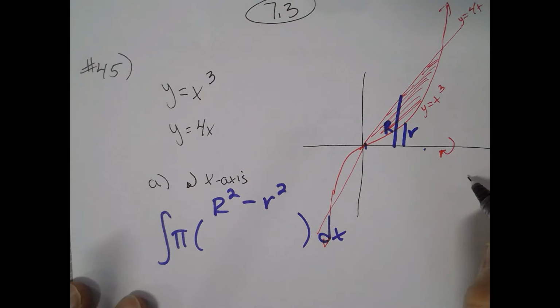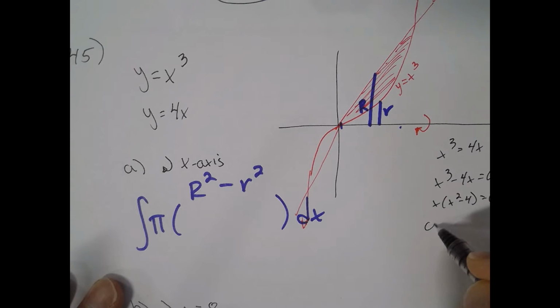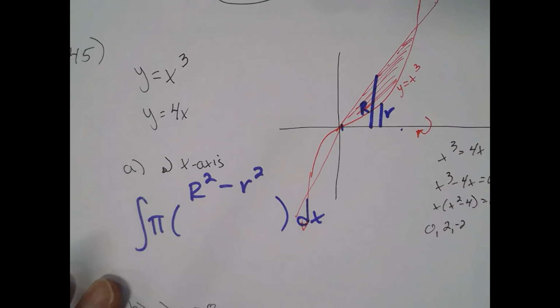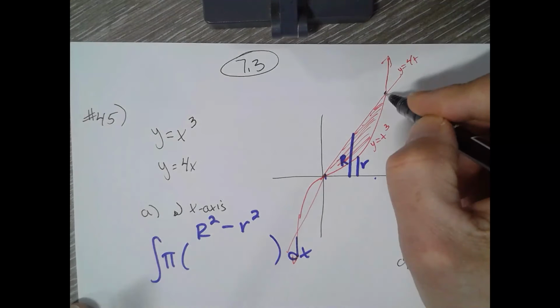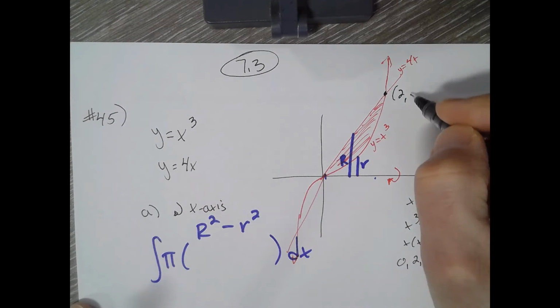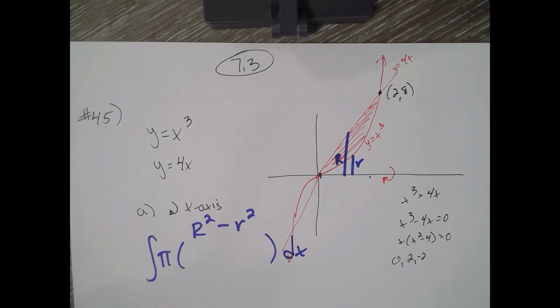So x cubed equals 4x, x cubed minus 4x equals 0. So they're going to intersect at 0, 2, and negative 2. So this point is 2, 8, if I plug 2 into either equation.